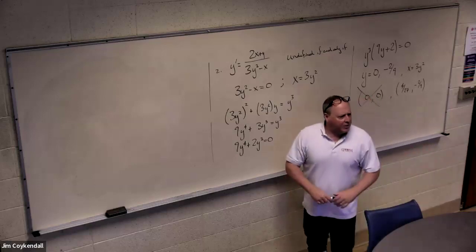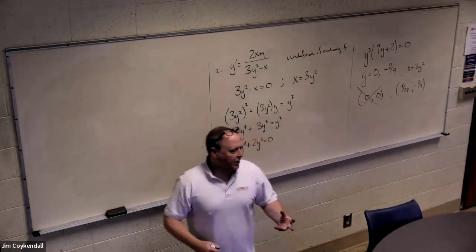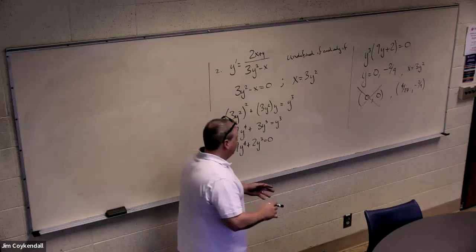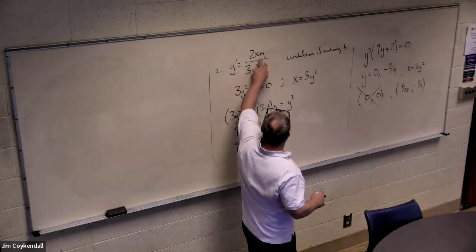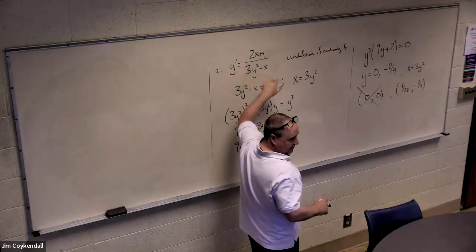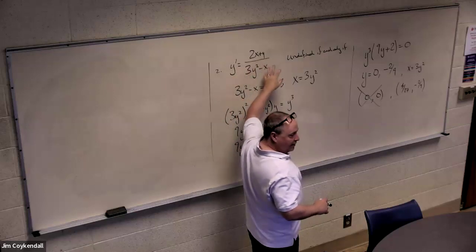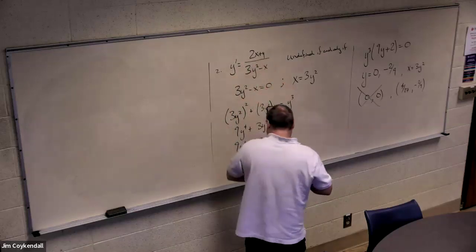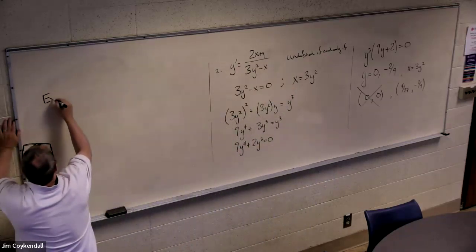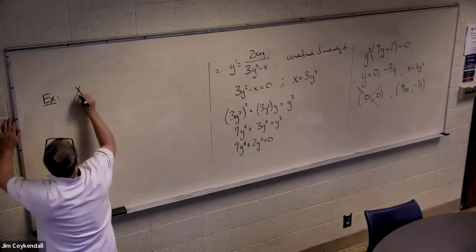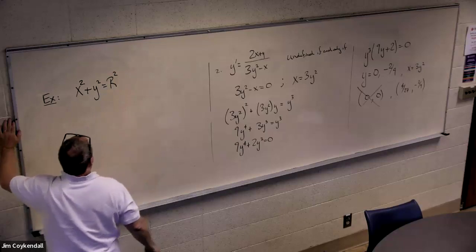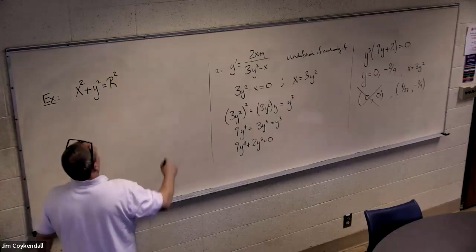You can do the same thing with implicit differentiation, but there's a little catch. When you take a derivative implicitly, you get derivatives that involve both x and y. Take another derivative of this, you'll get x, y, and y prime, but you can always get these in terms of x and y. So let me give you an example.